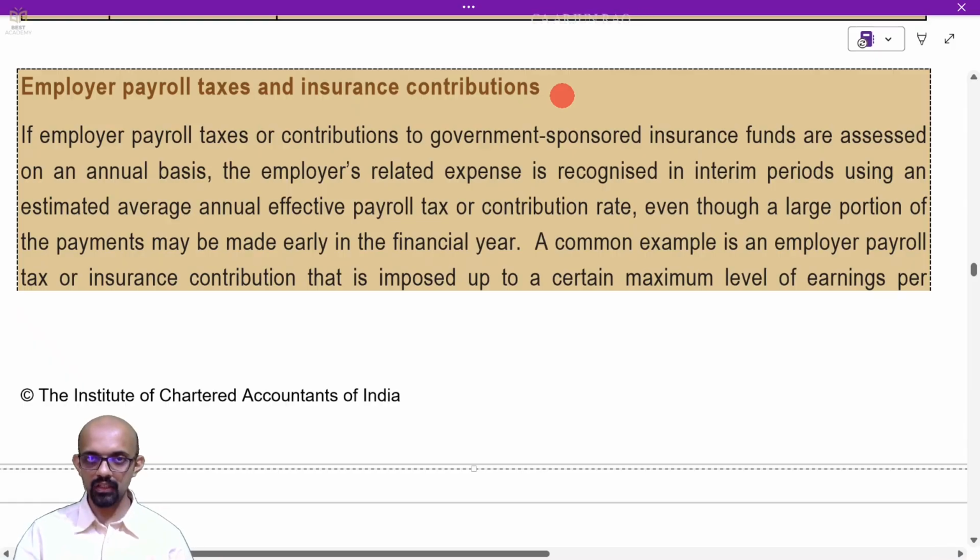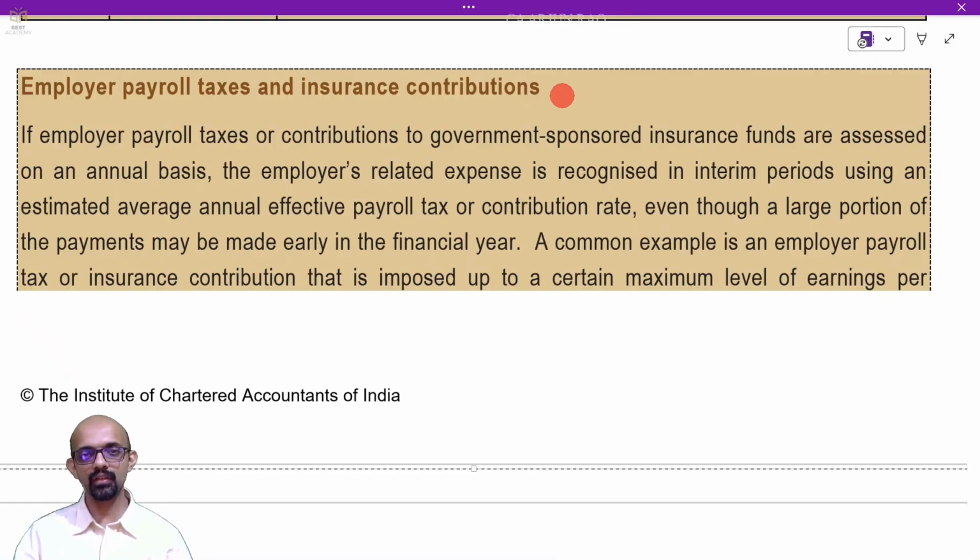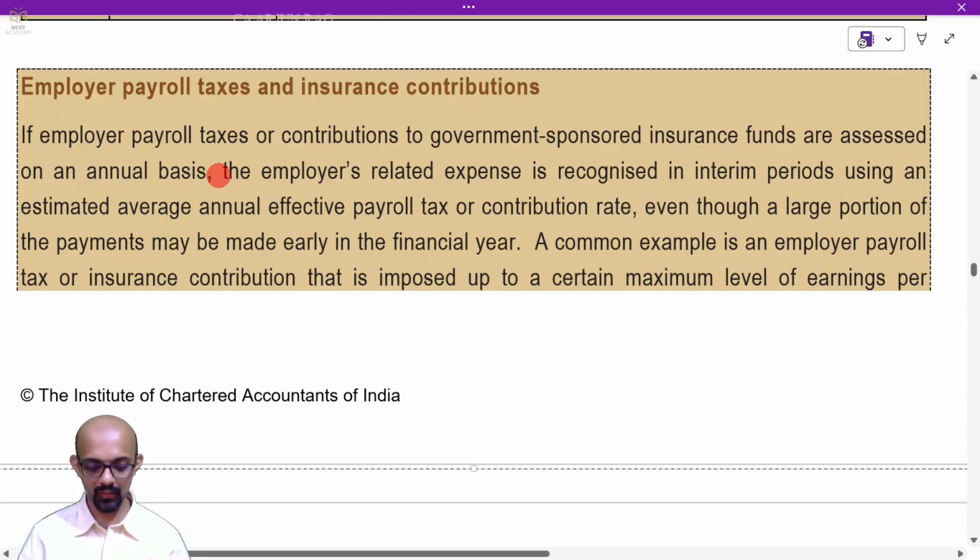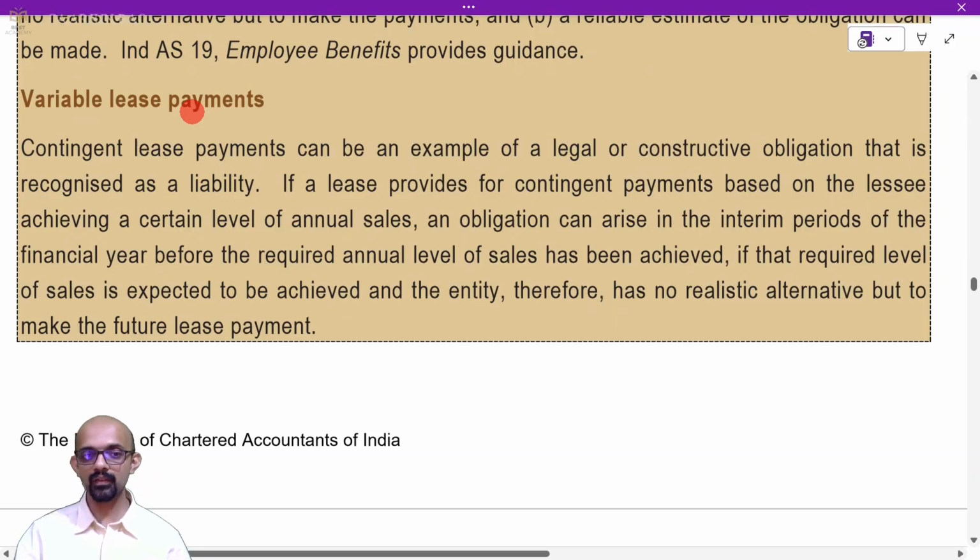So, out of all the special cases that are discussed in the study material, the simple principle is an expense or an income that is determined on an annual basis, right? For each interim period, you think what will be the annual position and then accordingly recognize. So, for example, employee payroll taxes that are assessed on an annual basis, then lease payments that are based on a certain annual level of sale.